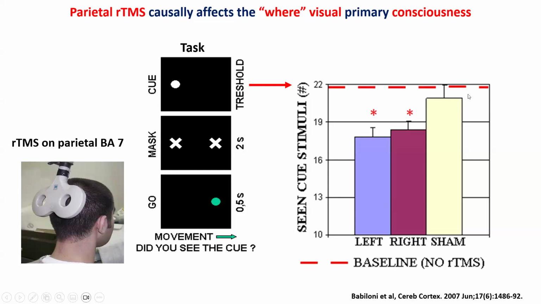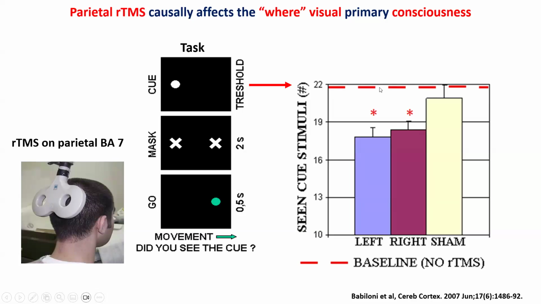And you see here the results of the experiment. You see that in the graph, we have the number of seen cue stimuli in the block of 40 stimuli.